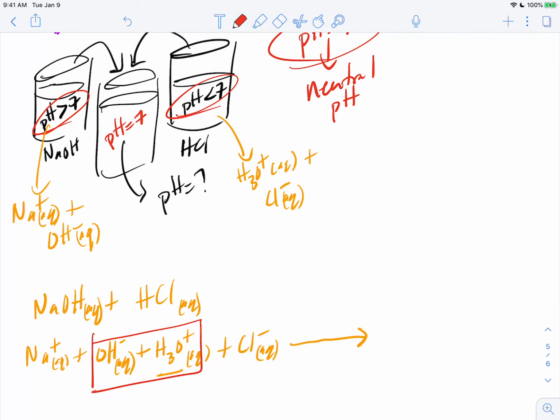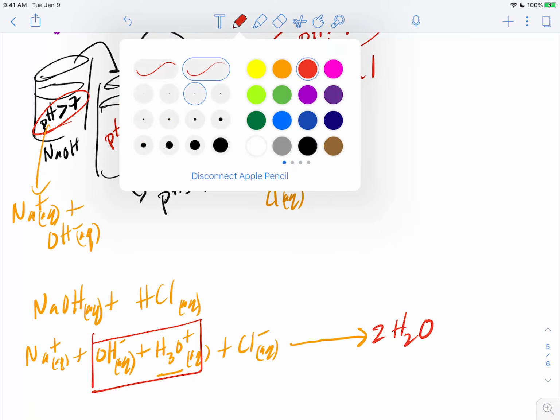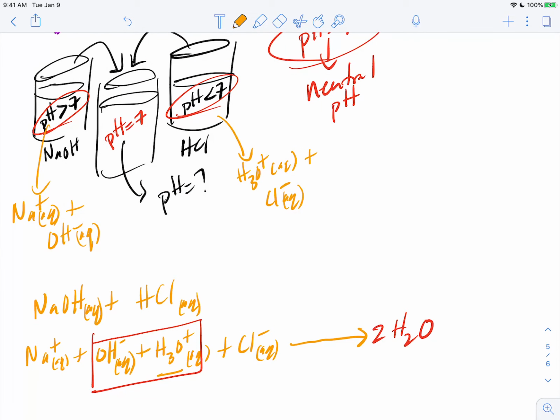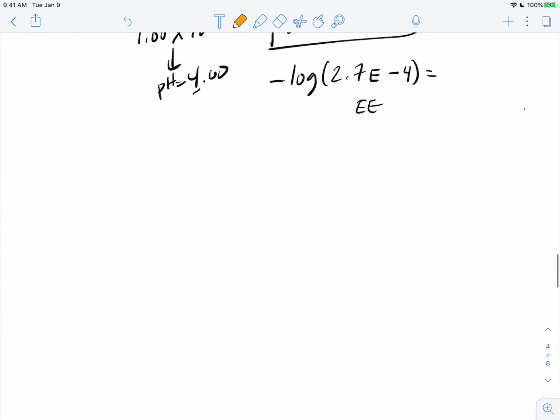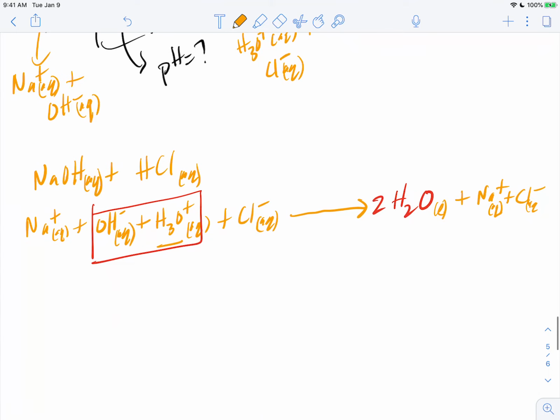And so what we have is these OH minus and H3O plus will form two waters. And those will be liquids, plus the Na plus Cl minus, both aqueous, will not do anything.